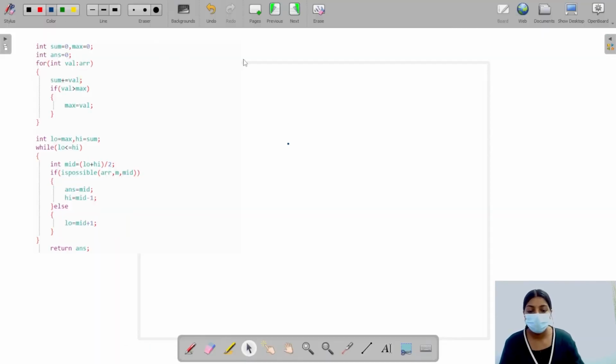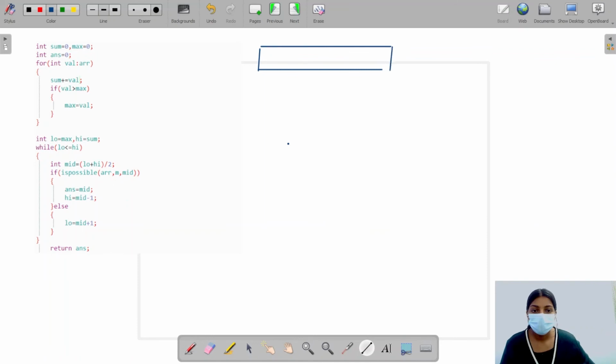Okay, let's make an array: 12, 30, 48 and 10, and m is equal to 2.